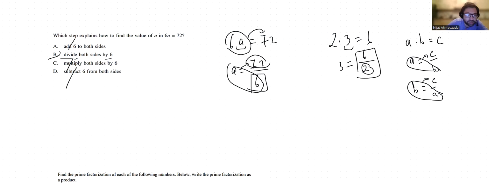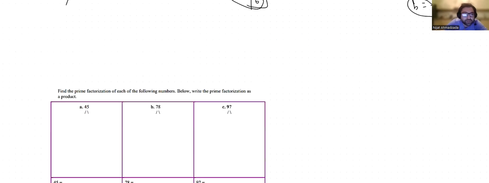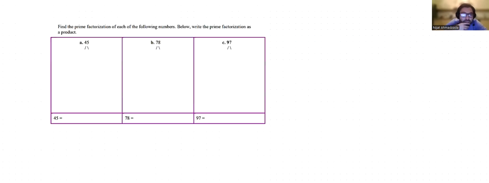Done. Next one. We have to do the prime factorization of each of the following numbers, and then write that prime factorization as a product. How to do a prime factorization? If you want to know, watch our prime factorization video, theoretical background.